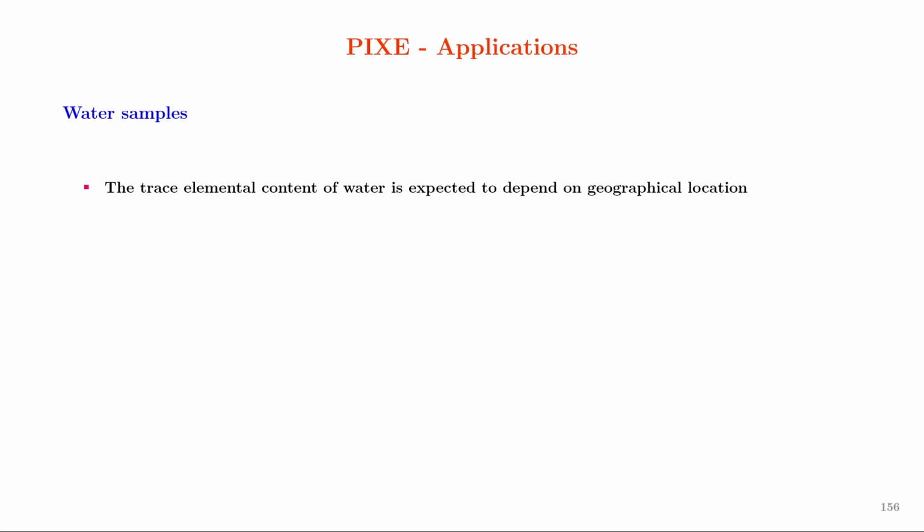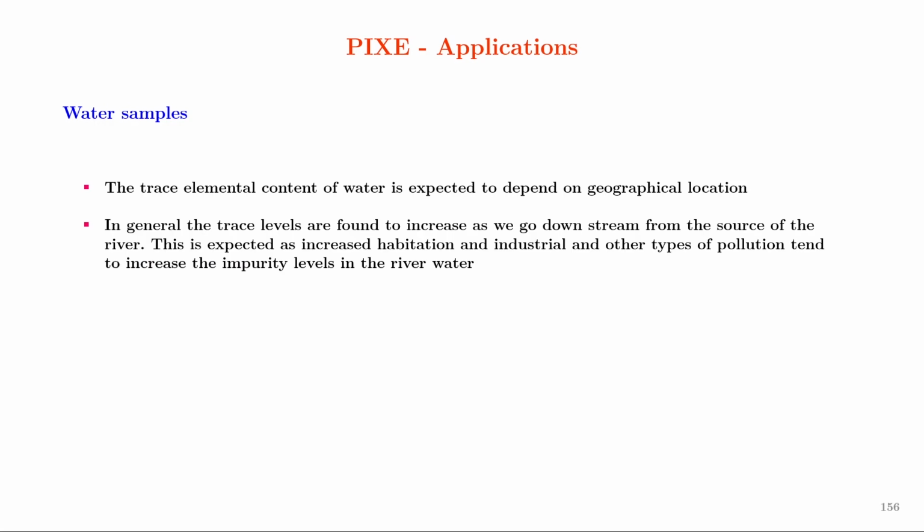The trace elemental content of water is expected to depend on the geographical location. In general, the trace levels are found to increase as we go down the stream from the source of the river. This is expected as increased habitation and industrial and other types of pollution tend to increase the impurity levels in the river water.